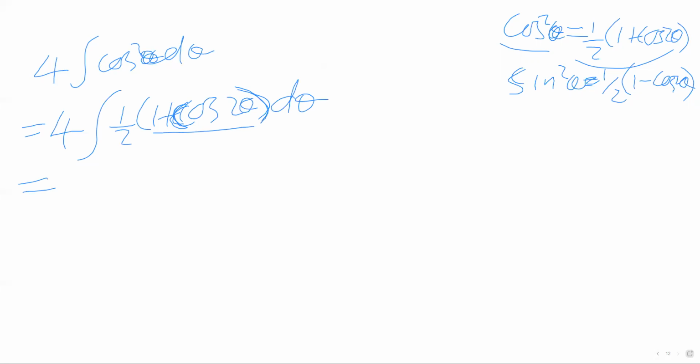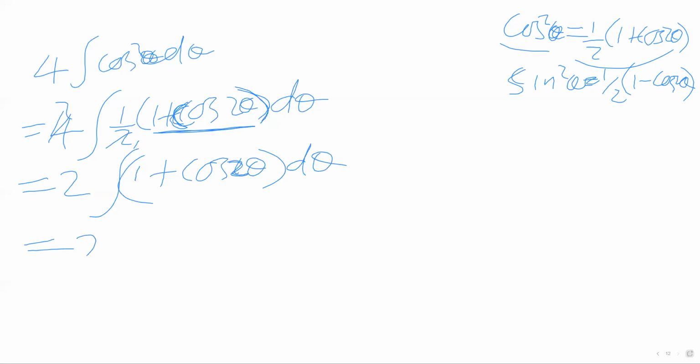So this is 1 plus cos 2 theta. The 2 here is 1, the 2 there is 2. So just have 2, then 1 plus cos 2 theta, then d theta. So this is equal to 2, what's the integral of 1, guys, with respect to theta? It is theta.